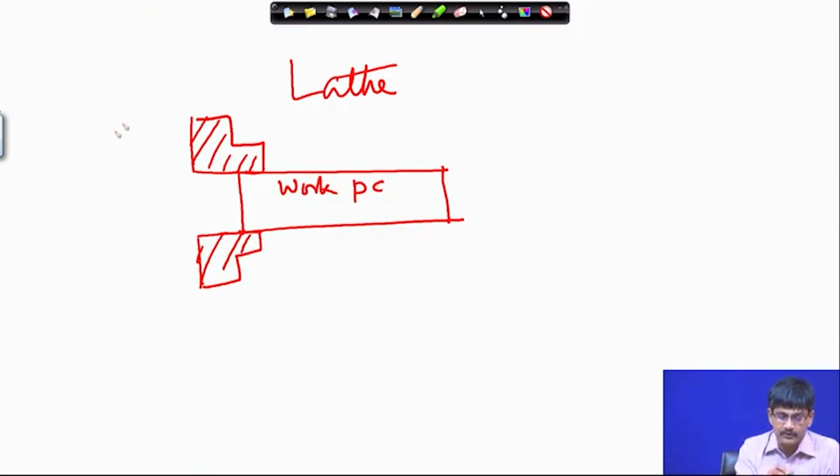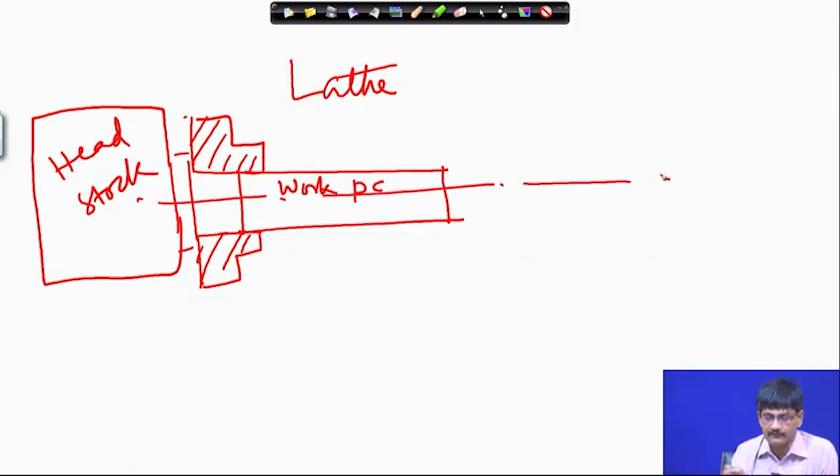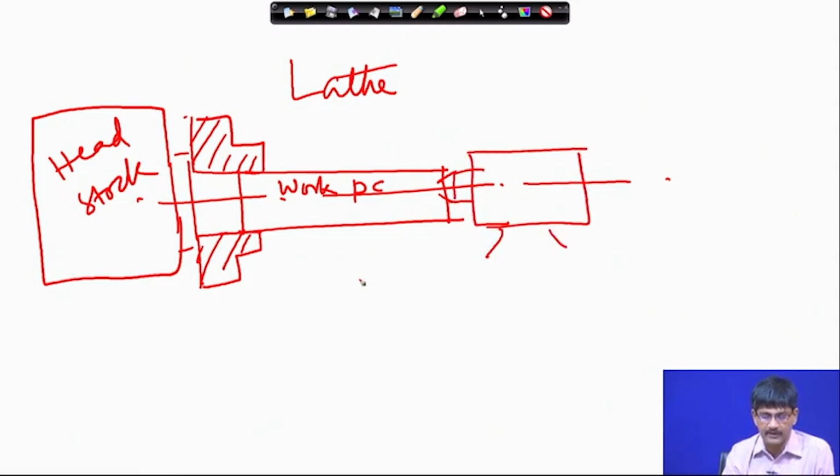This one is made to rotate. It has ultimately a connection with something called the headstock. This headstock will typically contain gears which can change the speed of rotation of this workpiece. Maybe it is held on a center on this side. We have the headstock, and just like that, we have the tailstock.